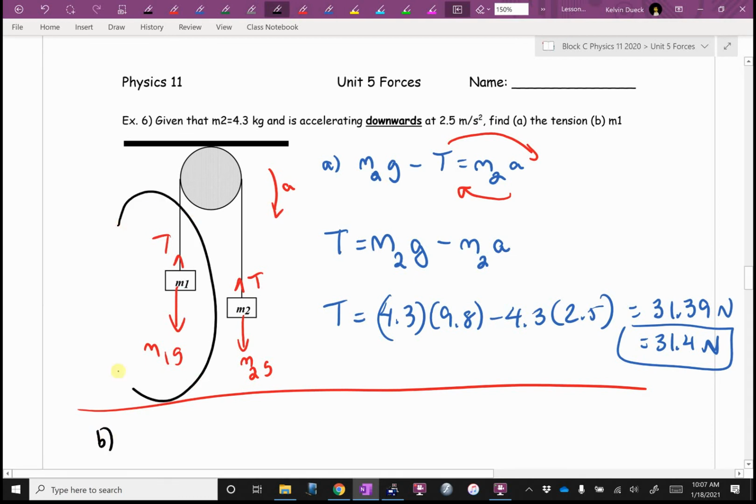Just going to write an equation for this one. Who's winning? M1G? Because it's accelerating down? Which way is it accelerating? If it's accelerating up, tension's winning, like you're feeling right now. Minus M1G, and that equals M1A.